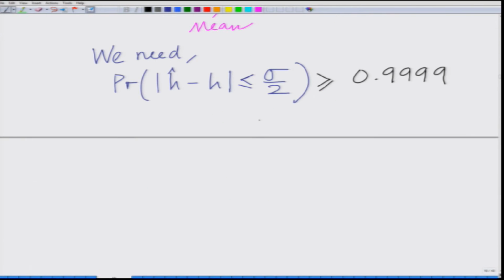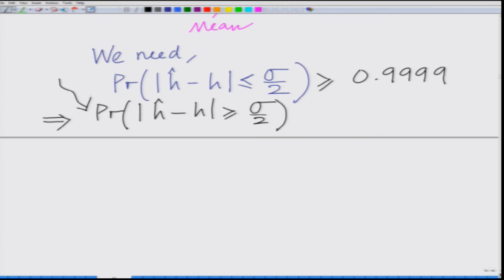Now this implies that the probability that h lies outside the sigma by 2 ball, that is the probability that magnitude h hat minus h is greater than or equal to sigma by 2, has to be small.